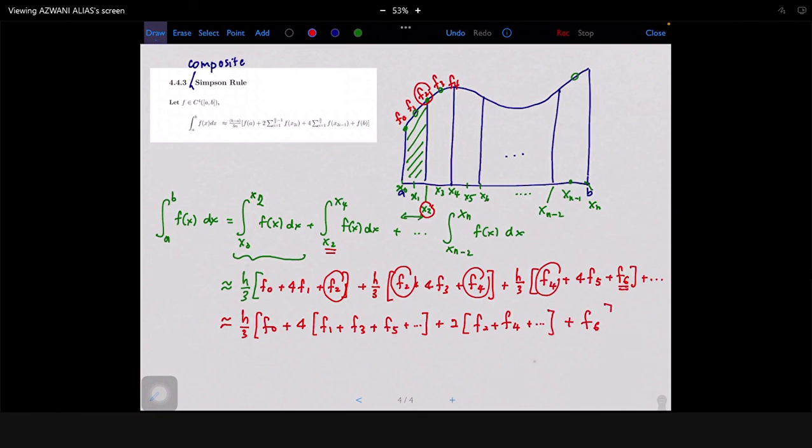Okay. Macam ni lah. Sebab tu wujudnya kat sini ada the value of 4 and 2. Di mana 4 ni adalah point yang pada odd point, okay, odd point, dan 2 ni adalah the even point. Okay, tu je lah kot. Kalau dapat formula macam tu lah. Macam kita buat yang tadi, the introduction of the composite kan. Kita akan dapat the value of 4 and 2. Kenapa? Sebab dia hasil tambah tersebut.